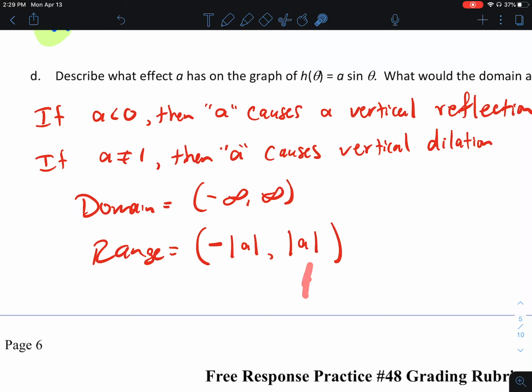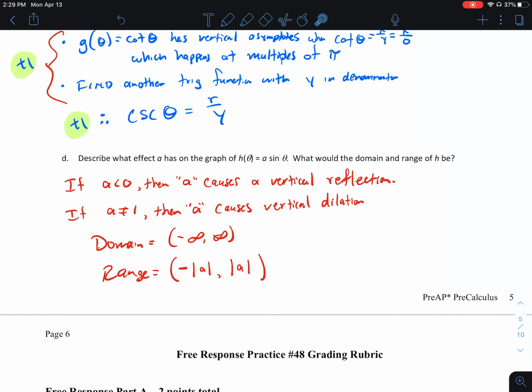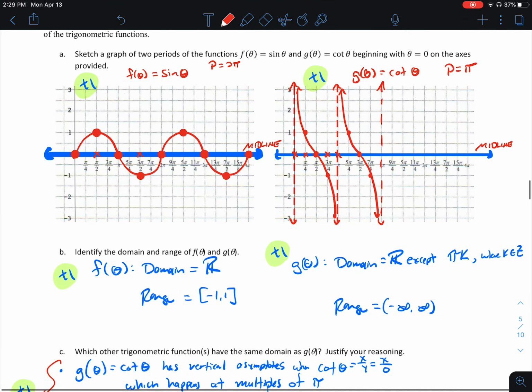And then the second one's going to be the absolute value of A, and that's what the range is going to be. As far as points go for this, we're going to get 1 point for the domain, 1 point for the range, and 1 point for mentioning could stretch or shrink the graph, and it could cause a vertical reflection. All right, that concludes that free response question.